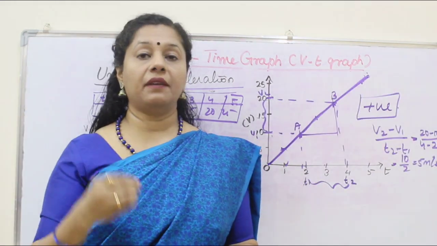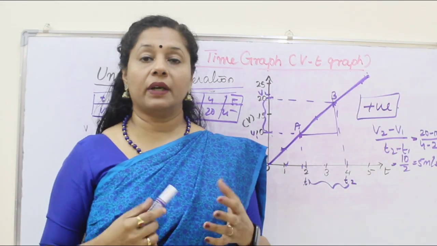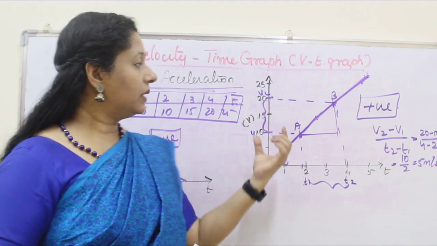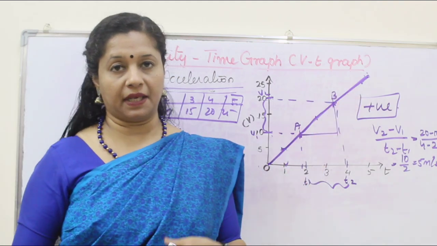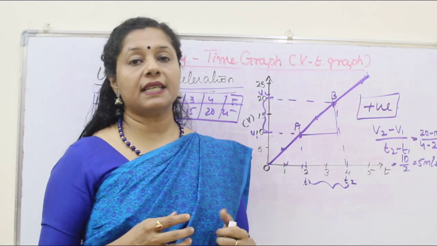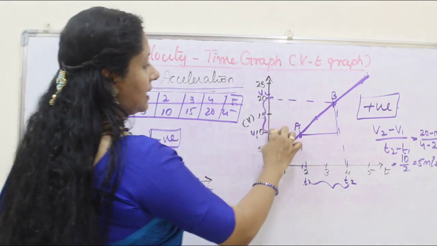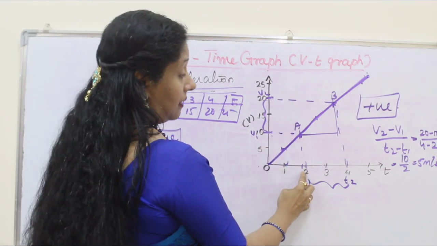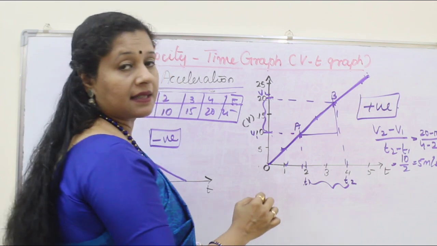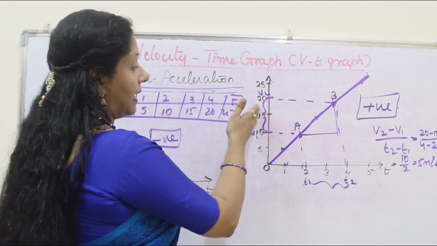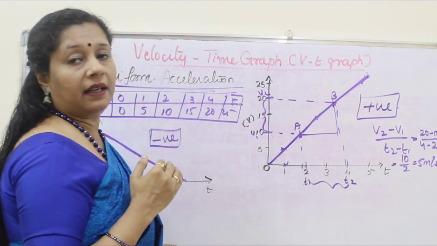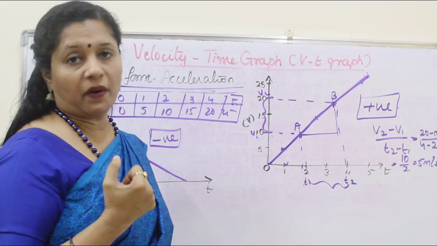If you come to the significance of this VT graph, what can we find out from this? We know that there is a change in velocity happening, so acceleration. So what is acceleration? Change in velocity by change in time. So velocity is on the y-axis, time is on the x-axis. So quantity on the y-axis divided by quantity on the x-axis is called the slope of the graph.